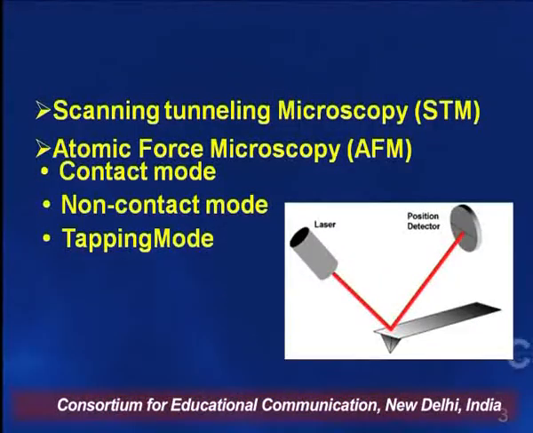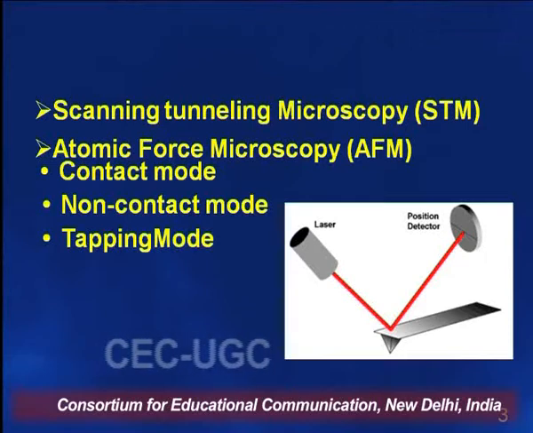There are two methods of scanning probe microscopy, and one of them is scanning tunneling microscopy that we discussed in the previous lectures. In today's lecture we discuss atomic force microscopy.